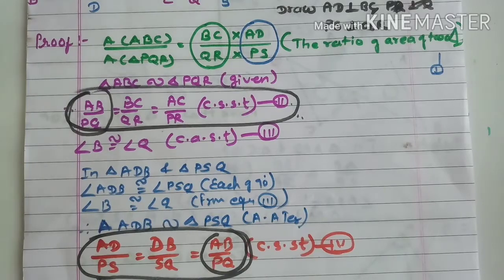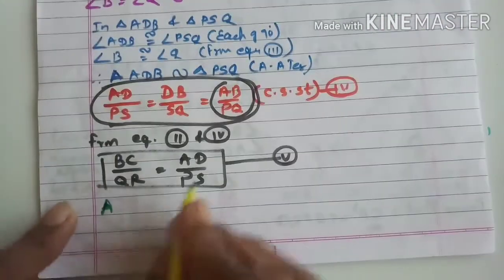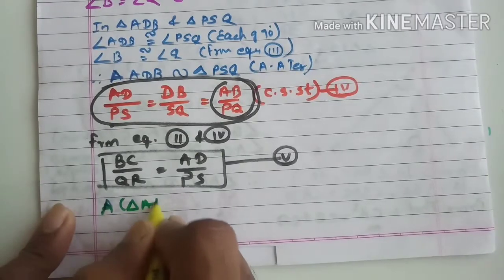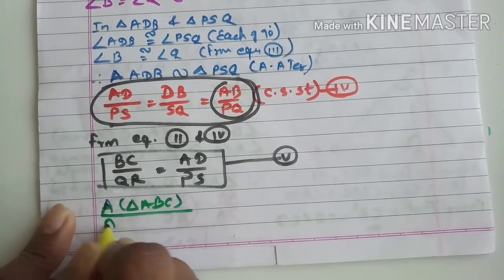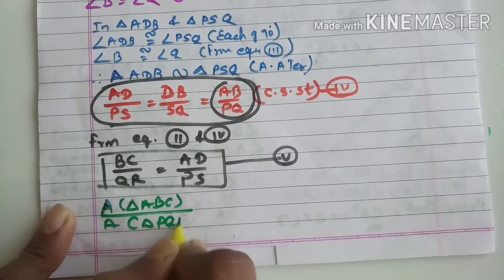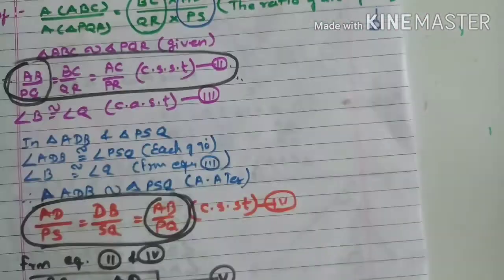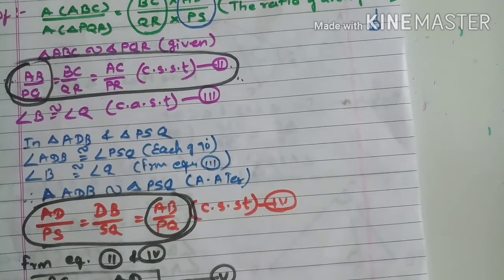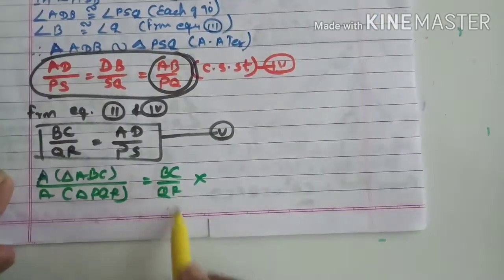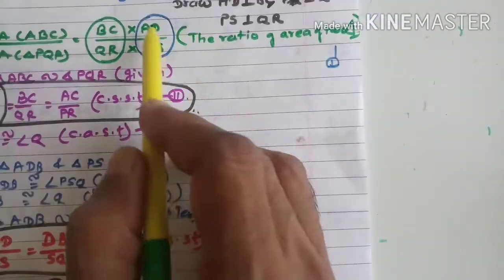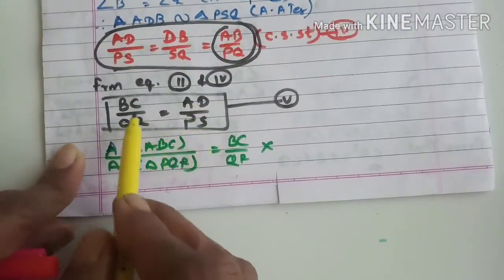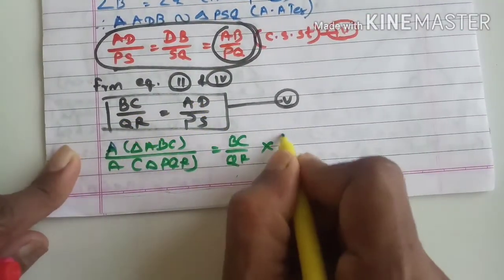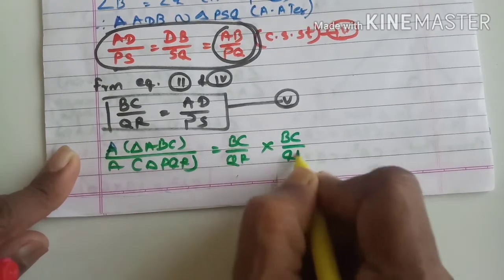Area of triangle ABC upon area of triangle PQR is equal to BC upon QR into, instead of AD upon PS, what we can write, BC upon QR.